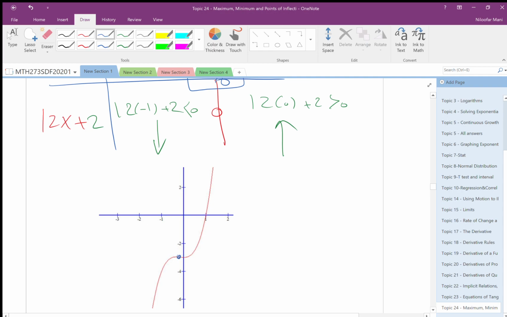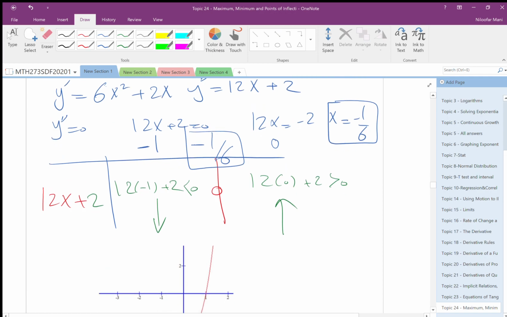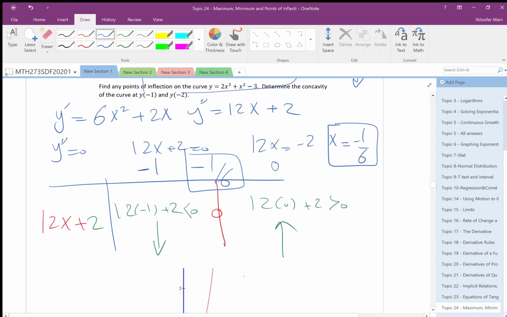What is y? y is something between minus 2 and minus 4. How can I find it? I have to substitute minus 1 over 6 in the original function: 2 times minus 1 over 6 cubed, plus minus 1 over 6 squared, minus 3. Unfortunately I don't have those notes, so I can find it here.